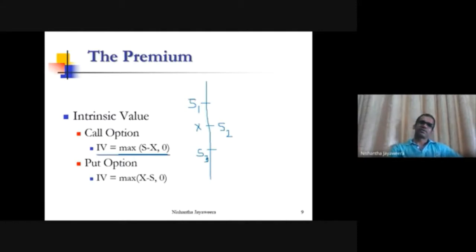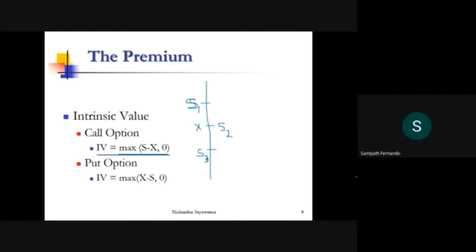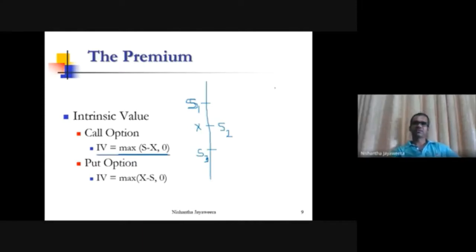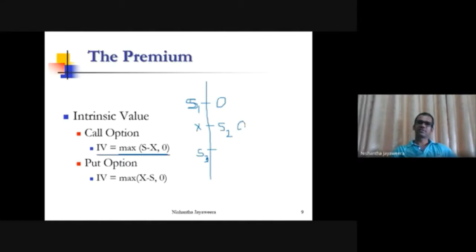If the spot price is higher than the strike price, what do you do with your put option? You don't exercise, so your payoff is 0. When the strike equals the spot price, either you can exercise or you can let it expire, but still the payoff is 0.